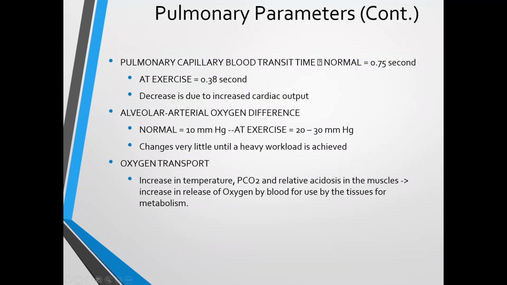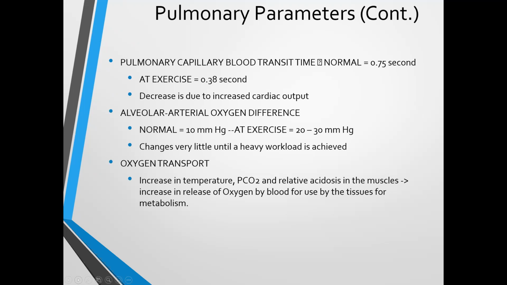Some of the other parameters we're looking at is pulmonary capillary transit time. It's normally three-quarters of a second. At exercise, it'll be cut roughly in half. Alveolar-arterial oxygen difference: normally it's about 10 torr. At exercise, it becomes even greater, because you have a lot more unloading that occurs at the tissue.